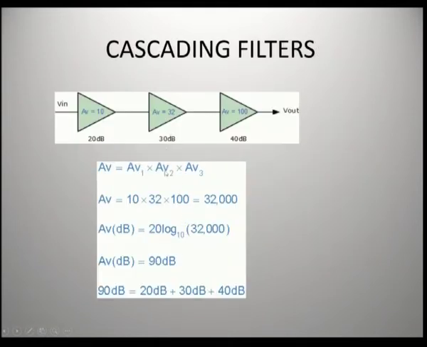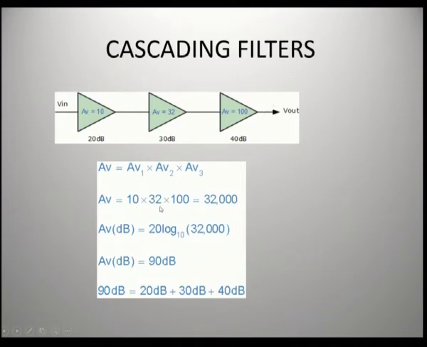What will happen if you cascade the filters? If you cascade the filters, the gain of the filters will get multiplied. So, for example, if the first filter has a gain of 10, the second one has 32 and the third one is 100, then the gain of the total circuit, the gain between the input and the output, otherwise V out by V in, is equal to the product of the gains of each and every amplifier.